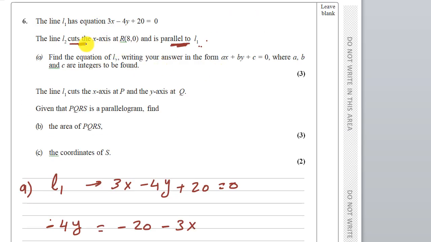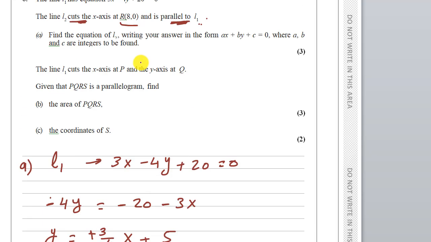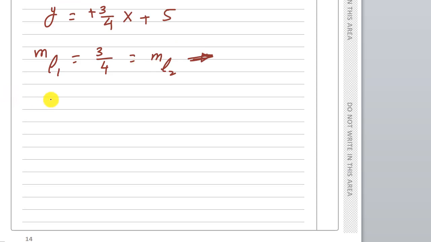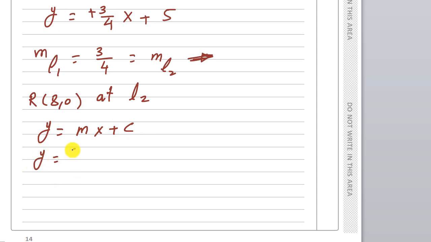Now the line L2 cuts the x-axis at this point. So this point lies on L2, which is R (8, 0). So the equation of L2, y is equal to mx plus c. So y is equal to 3 over 4x plus c. Now at R, 0 is equal to 3 over 4 multiplied by 8 plus c.